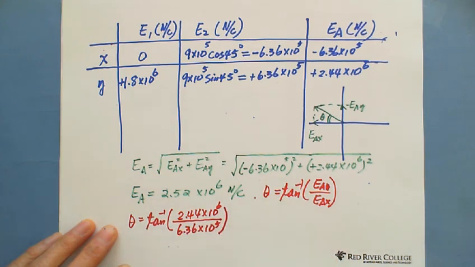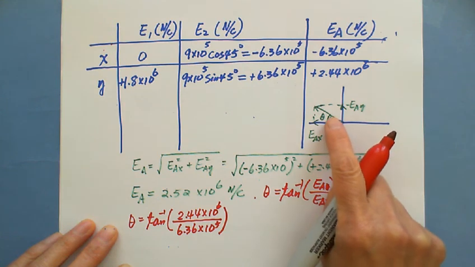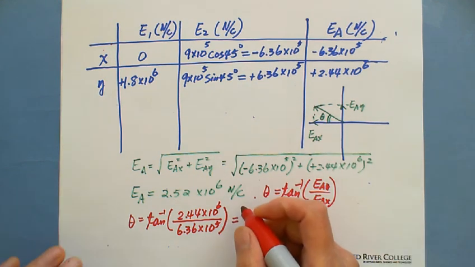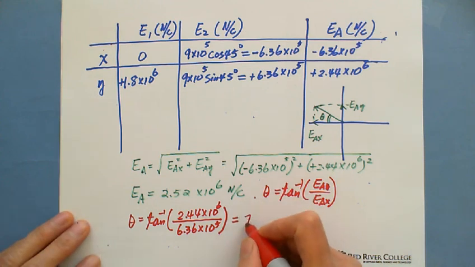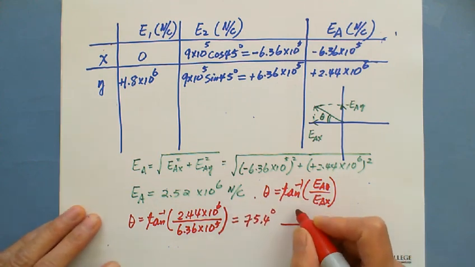When we apply this, we don't need to put the negative because we already know the angle is in this place. Finally, we got the answer: 75.4 degrees. So the angle is this way.